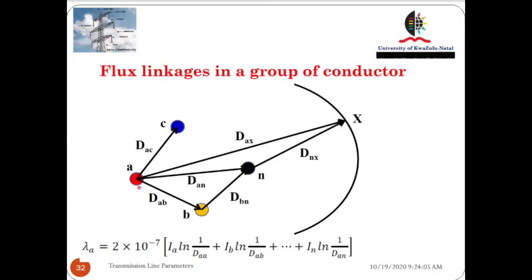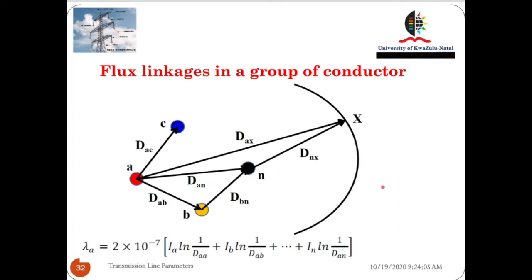So we consider that we have a number of conductors in a group. Like how many, we don't know. So we are assuming that we have n number of conductors to generalize the theory. We have n number of conductors, and we label them as A, B, C, D, E, F, and all those up until n.